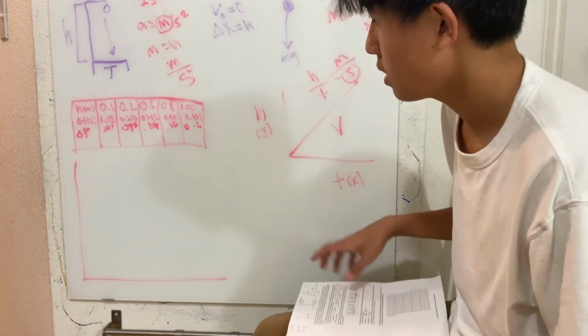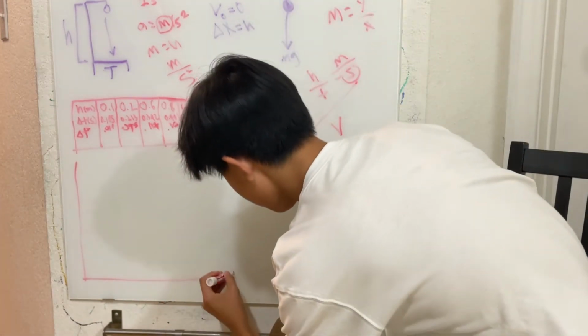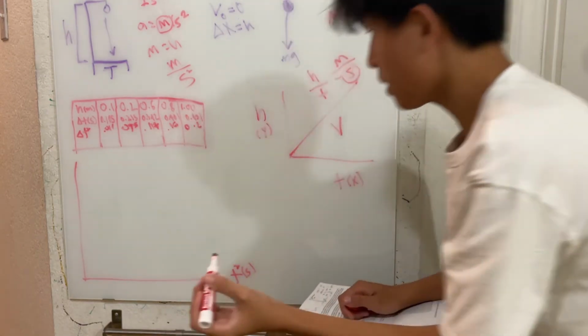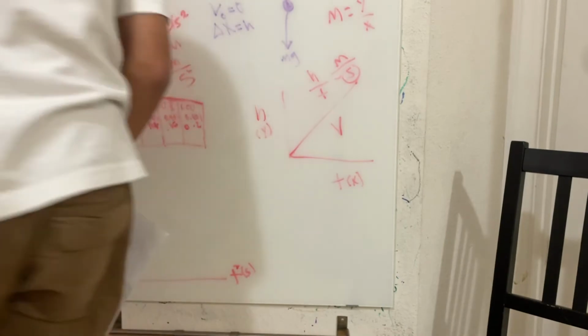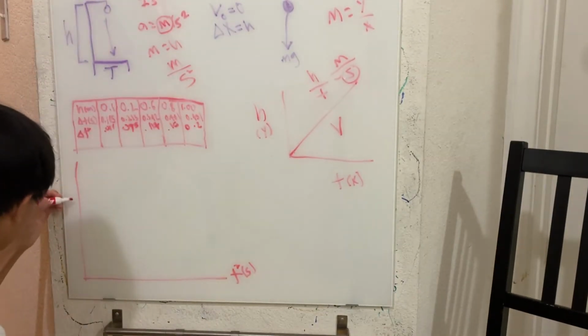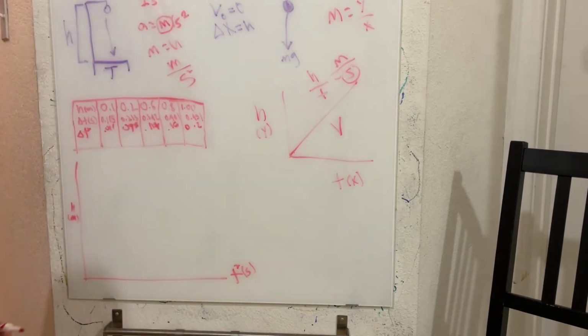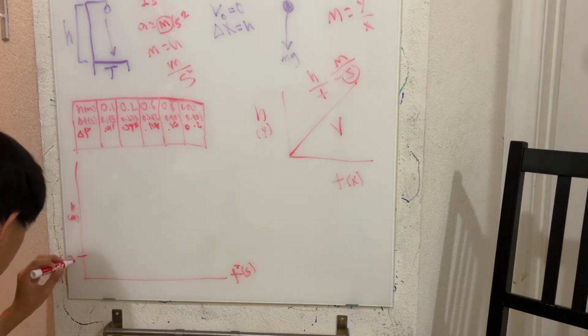So this is time squared, and this is h. Our largest value is 0.2, so we would most likely split this up, and our largest x value is 1, so we would split this up like this.